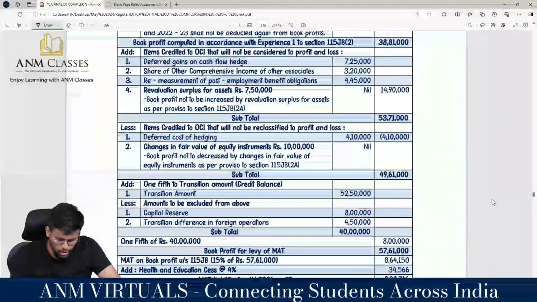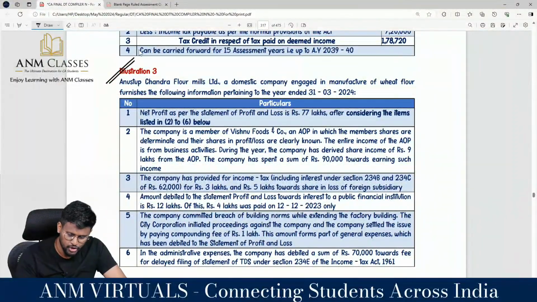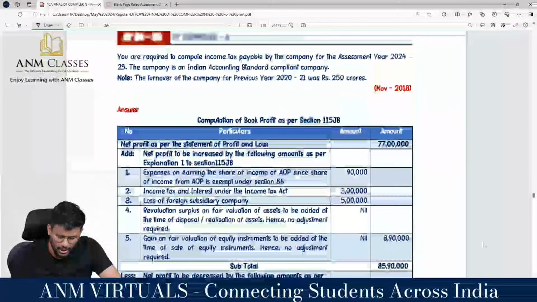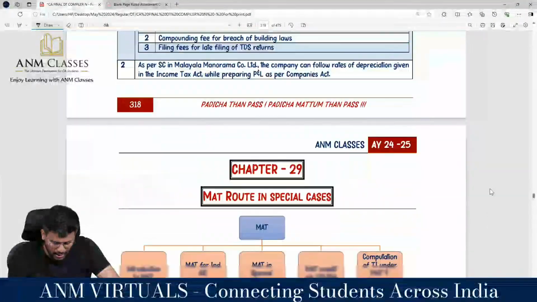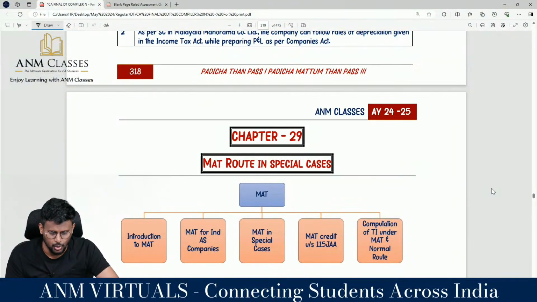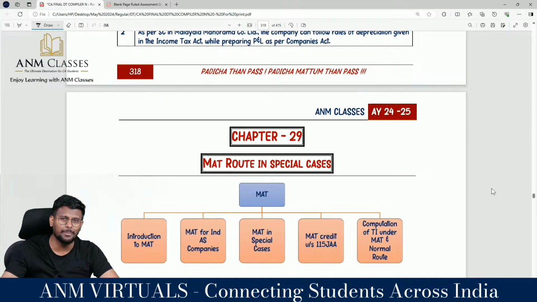We'll be solving illustration number 2. Don't worry about it being that big. Illustration number 3 is a November 2018 question. Once you understand up to this, then illustration number 1 and 2 are not at all a big matter. What I am saying to you at this point is revise the old MAT.